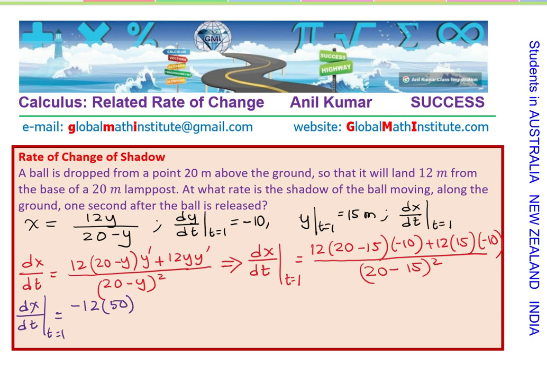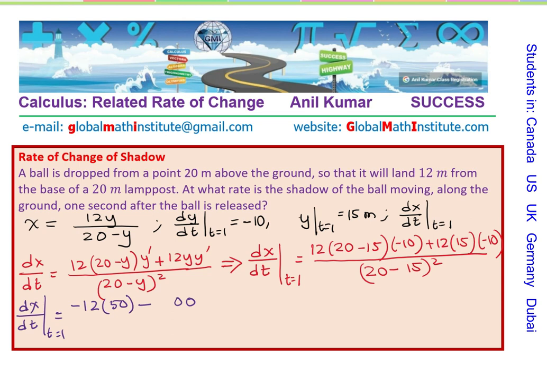Now plus, and that minus makes it minus, 12 times 15 times 10. 12 times 15: 12 times 5 is 60, 12 times 1 is 12 and 6, 18. Correct. Divided by 5 square, which is 25.